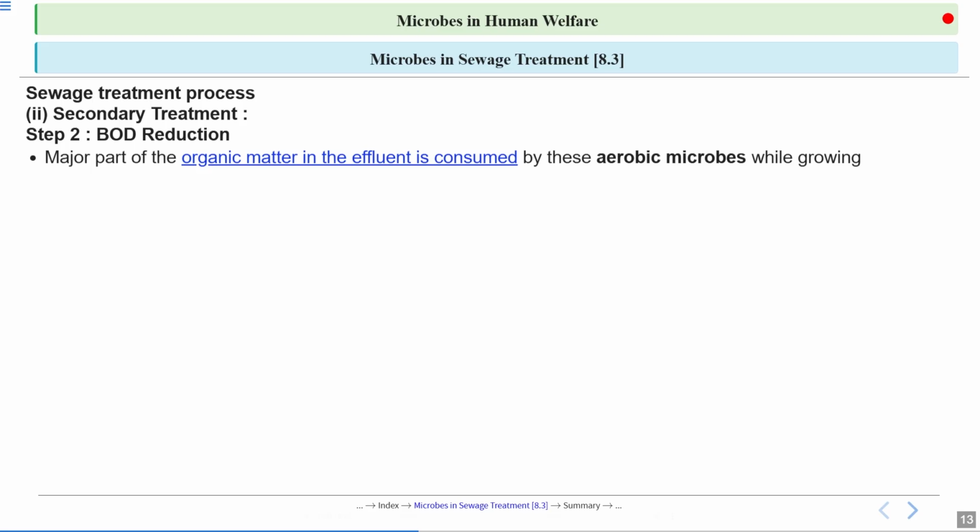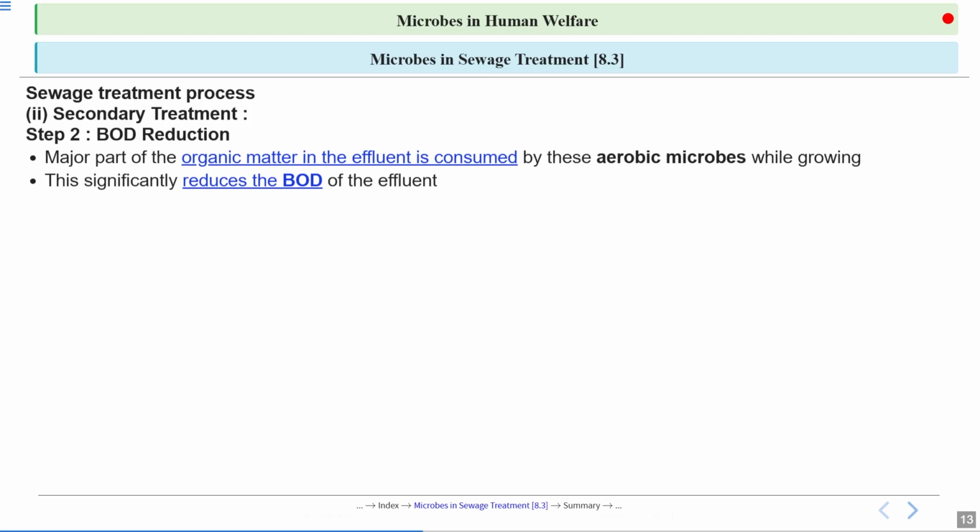So the aerobic bacteria are feeding on this organic matter. They are consuming it, decomposing it and growing. This significantly reduces the BOD of the effluent. So organic matter is being decomposed, so the BOD will also reduce because of this.